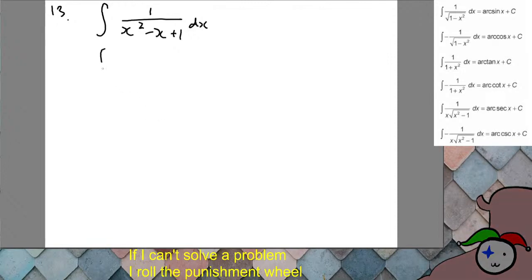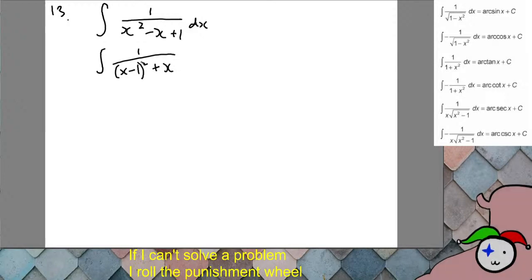Maybe. There's a complete the square method where x minus 1 squared is x squared minus 2x plus 1, which then you can add an x here.